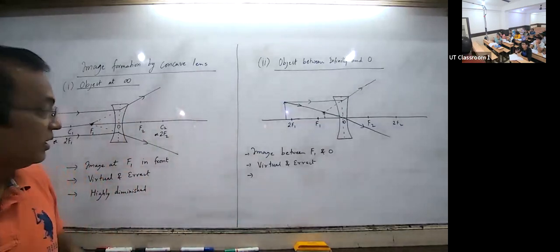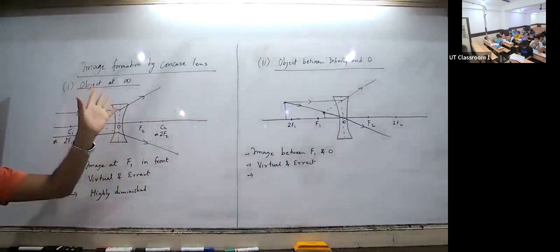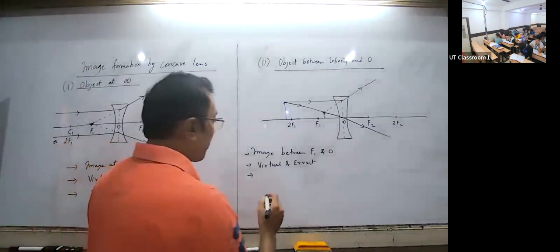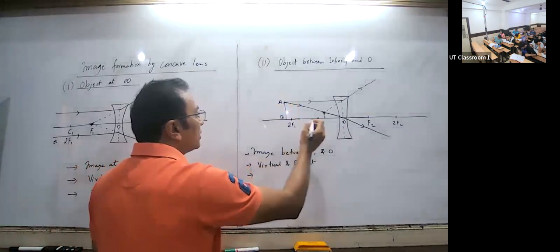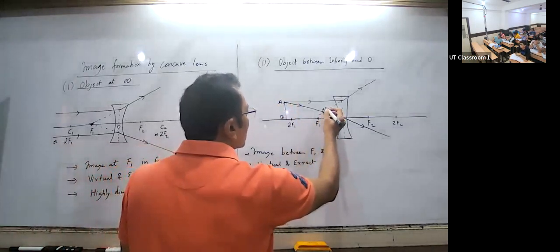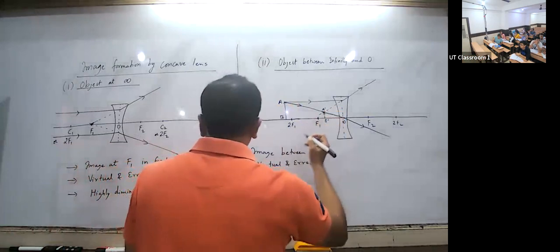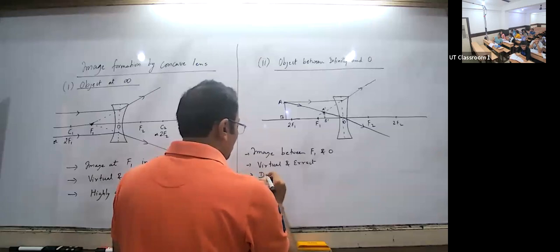Not highly diminished. Highly diminished तो ये था जो point है. अब इससे ज़्यादा diminish हो रहा है क्या? इसके बाद क्या हो रहा है? बढ़ रहा है. So it is diminished. बढ़ रहा है but फिर भी object के बराबर नहीं है. So this is your A dash, B dash. It is just diminished.